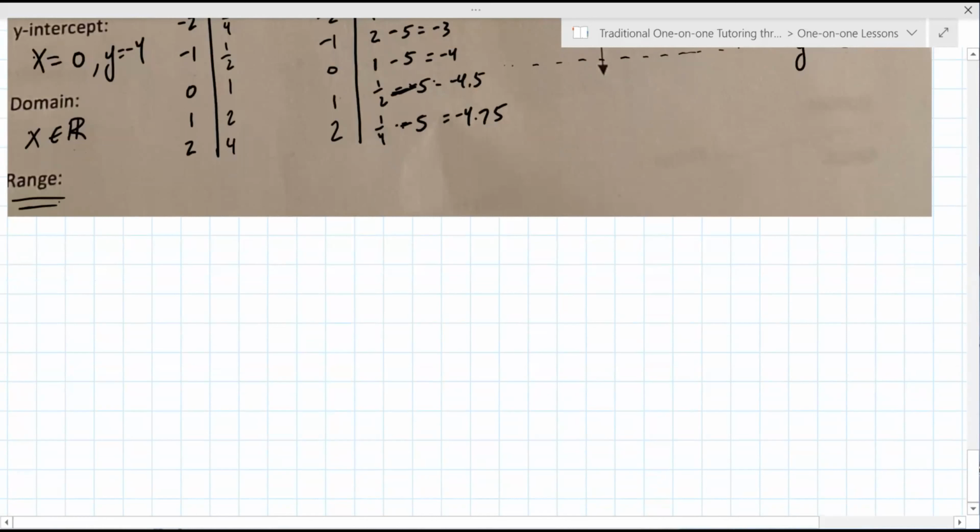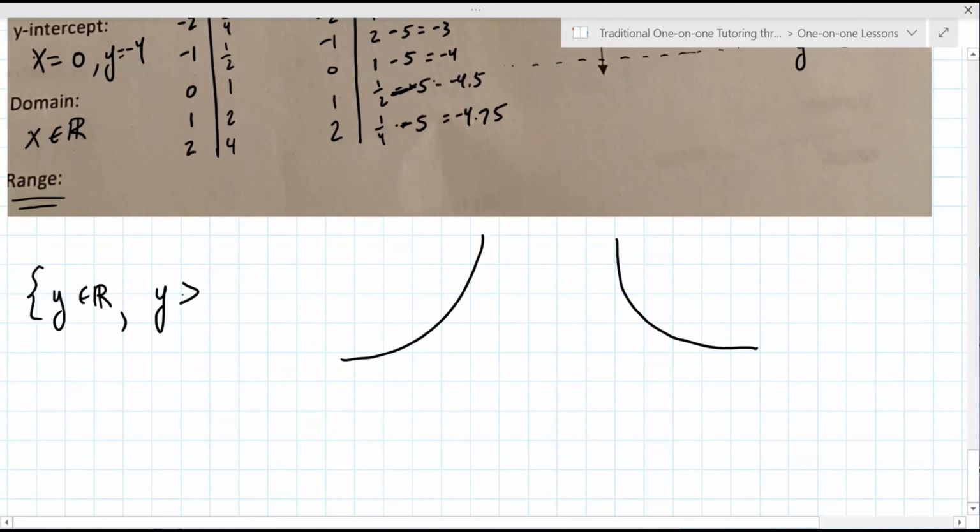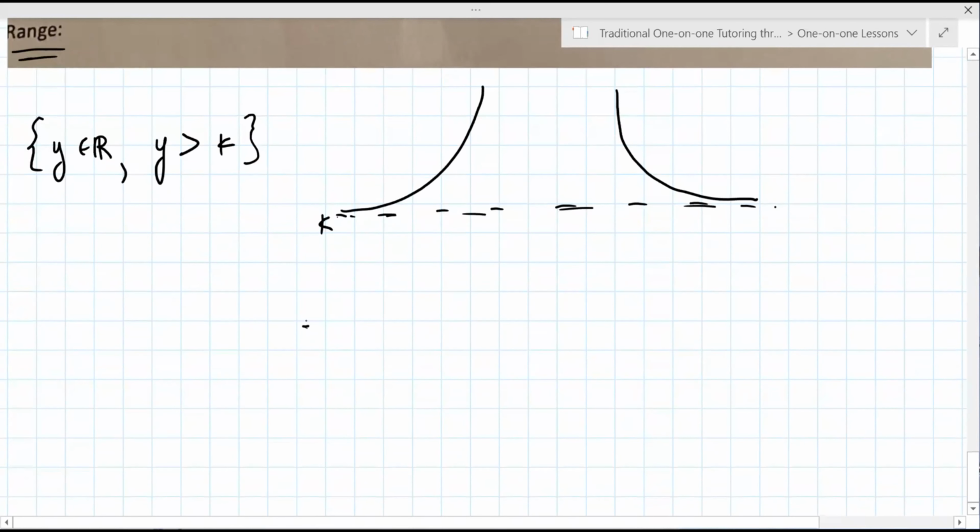So if your graph looks like either of the following, if it looks like this, or if it looks like this, your range is y an element of the real numbers, y greater than whatever this number is here, which is usually called k. And then the other type of graph you might see is, what if it does this, or it looks like this? Less than.